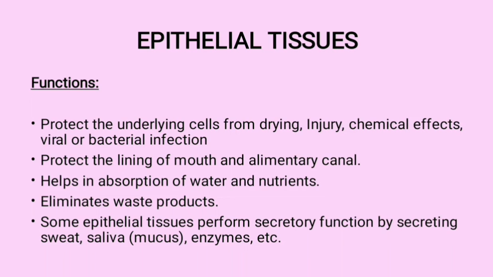Epithelial tissues help in absorption of water and nutrients also. These tissues also help in elimination of waste products. And some epithelial tissues perform secretory functions. It means they secrete some ingredients or enzymes. They secrete a variety of substances such as sweat, saliva, enzymes, etc.